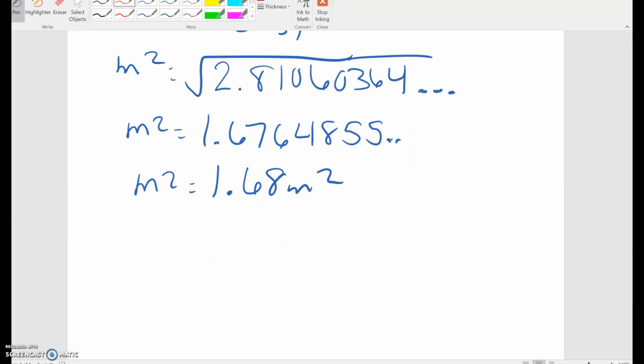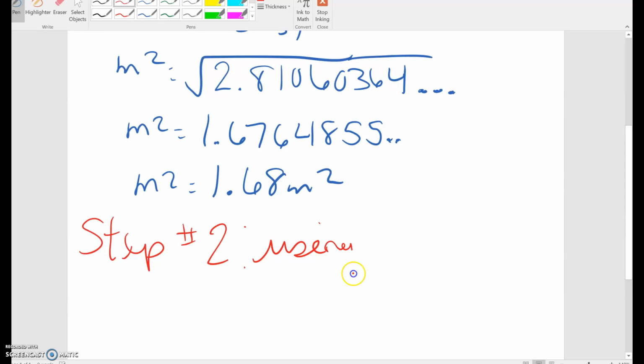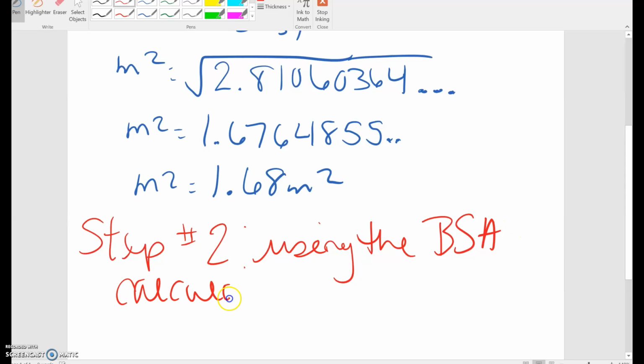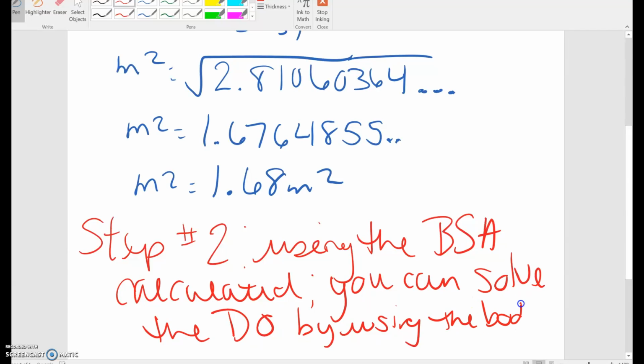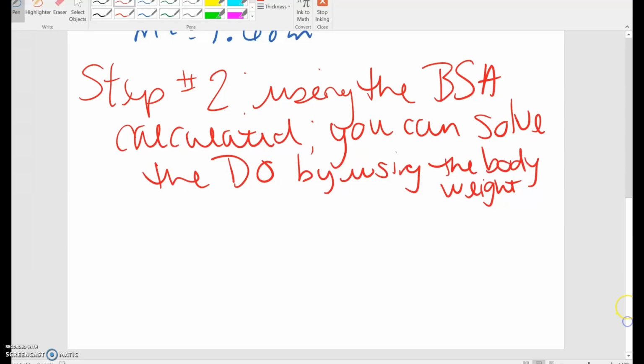Well, step number two is using the body surface area calculated, you can solve the dose order by using the body weight method. What do I mean by that?